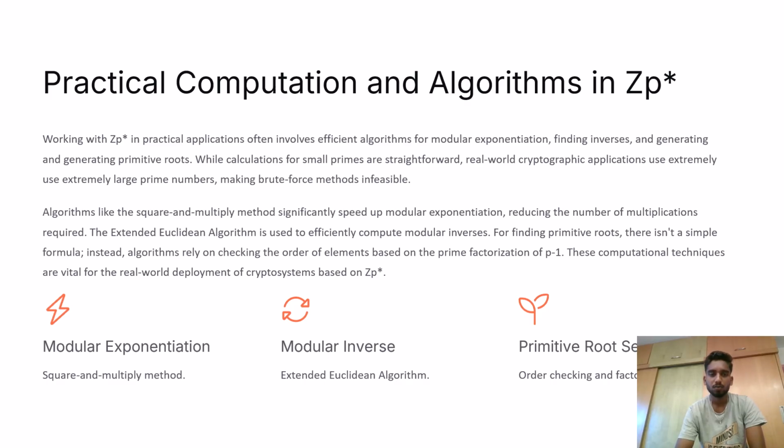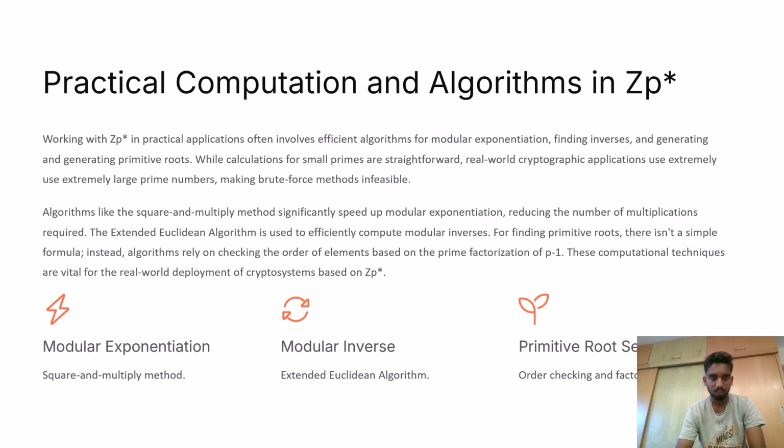While calculations for small primes are straightforward, real-world cryptographic applications use extremely large prime numbers, making brute force methods infeasible. Algorithms like the square and multiply method significantly speed up modular exponentiation, reducing the number of multiplications required. The extended Euclidean algorithm is used to efficiently compute modular inverses.